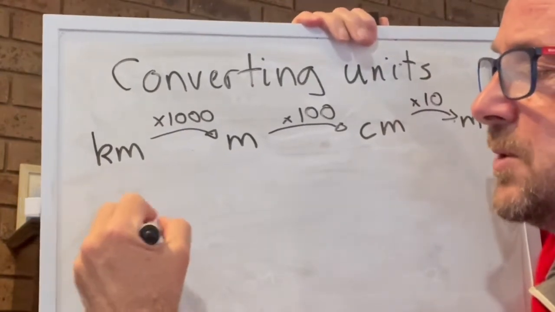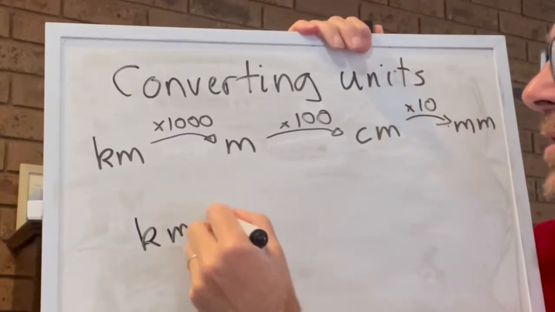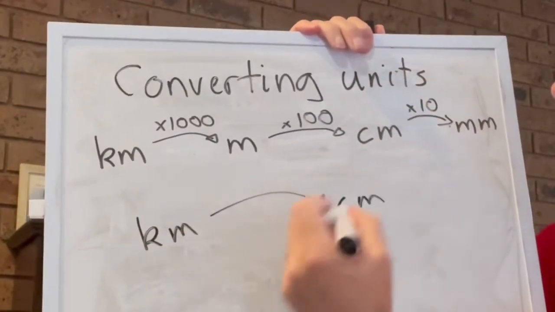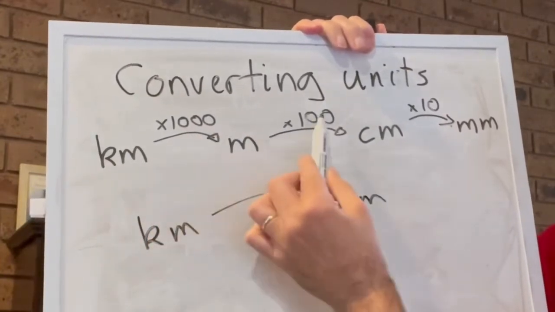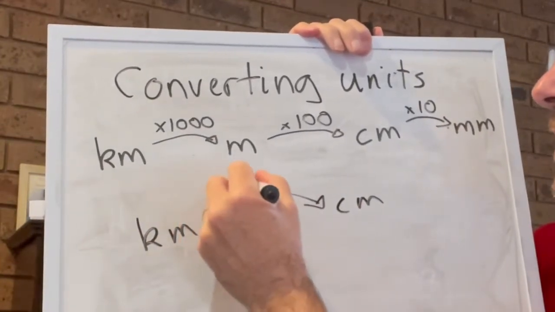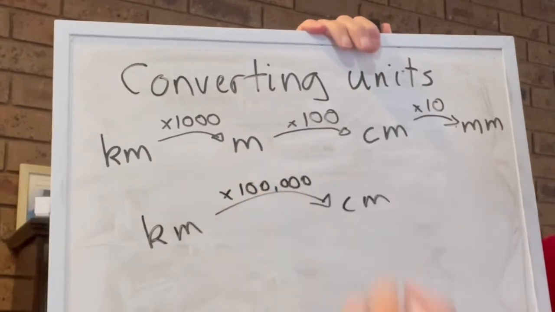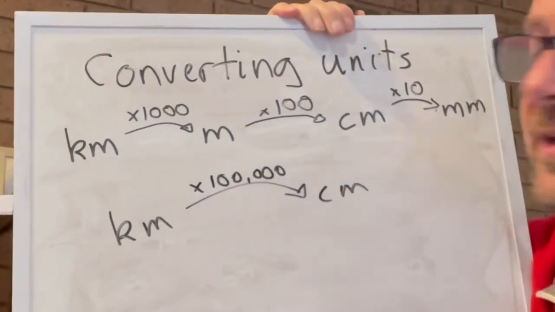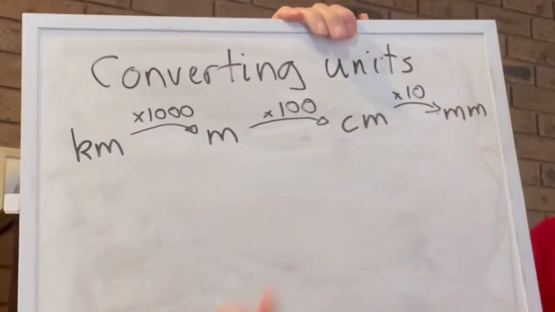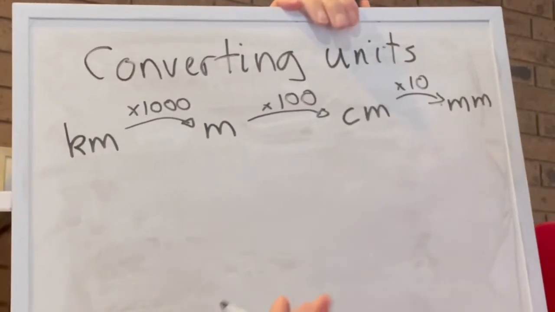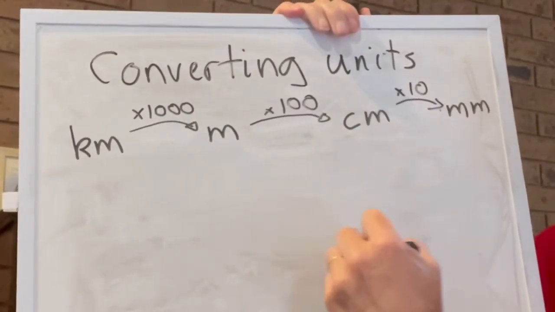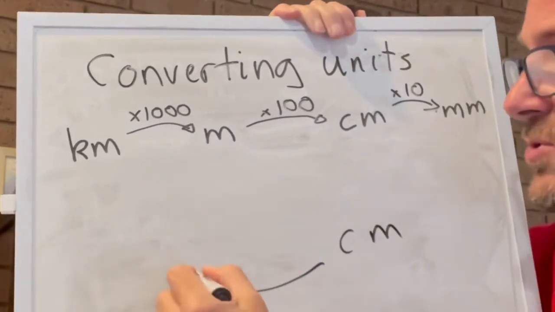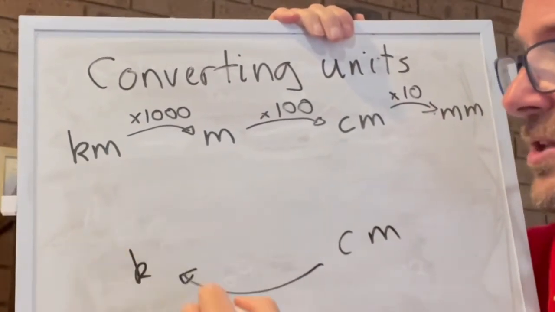So we can use this process in order to create one-step processes. For example, if we went from kilometres to centimetres, it's going to be 1,000 times 100, so it's going to be times 100,000 in order to do that. Equally though, we could be asked to do the reverse of that. So for example, you might be given a question in centimetres and you're asked to present the answer as kilometres.